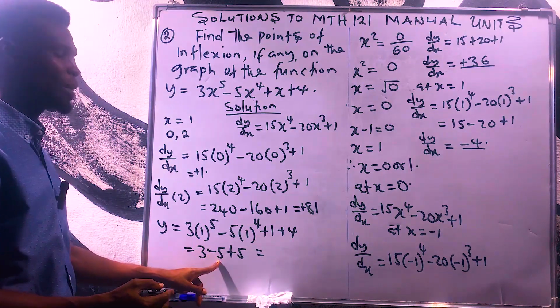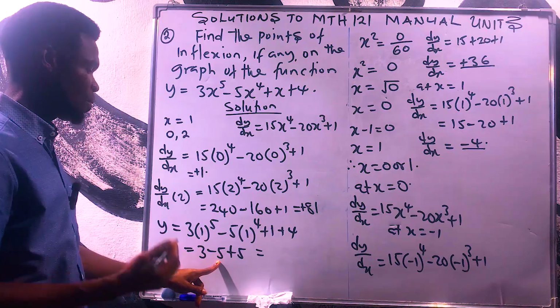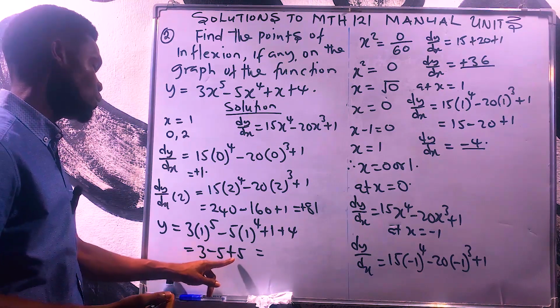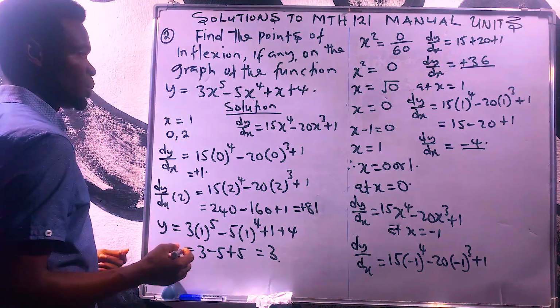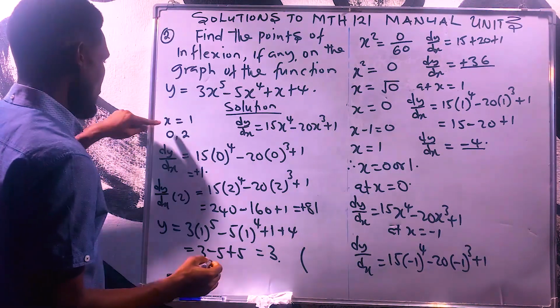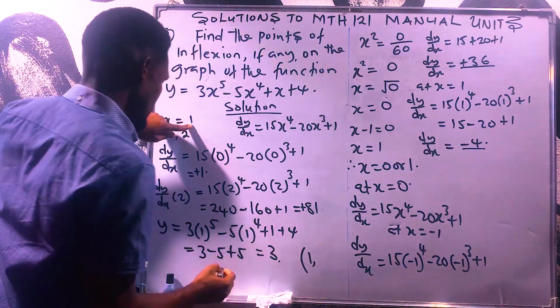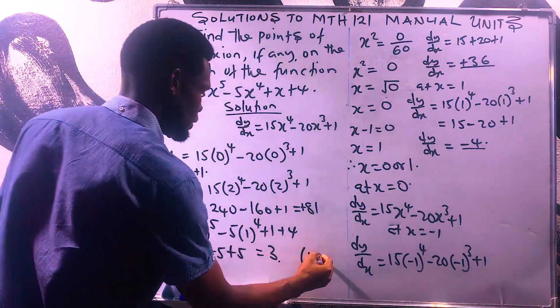So 3 minus 5 is minus 2. Minus 2 plus 5 is 3. It means that at x equals 1, the function y is equal to 3.